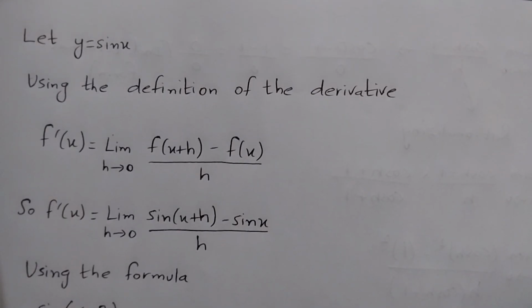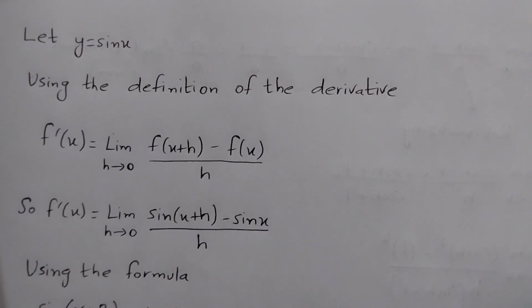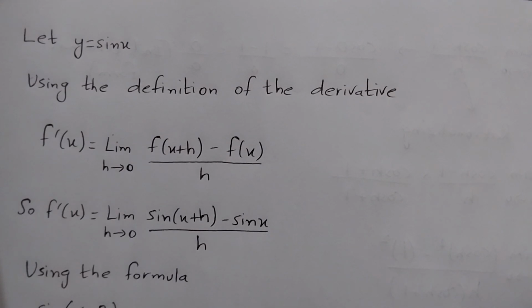So sin of x plus h minus f of x, which is just sin x, divided by h, and we are taking the limit of this expression, and we are saying that h is approaching 0. So this is basically the definition of the derivative, and this definition can be used to find the derivative of any function, and here we are using this to find the derivative of sin x.